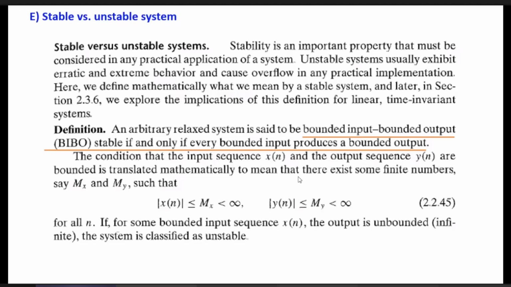But mathematically क्या बोलते हैं कि it is also called BIBO stability. BIBO stability means bounded input, bounded output.